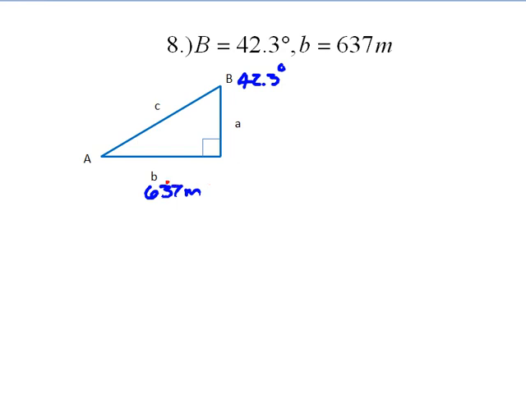Okay, we're going to find C, which you know as the hypotenuse.